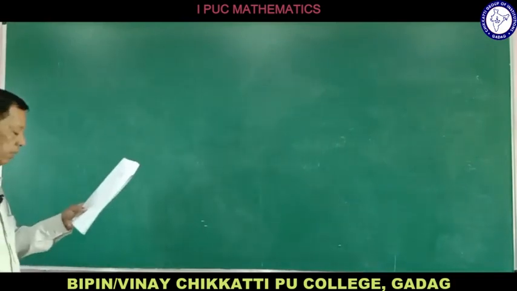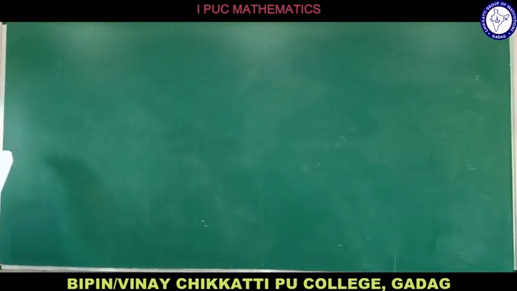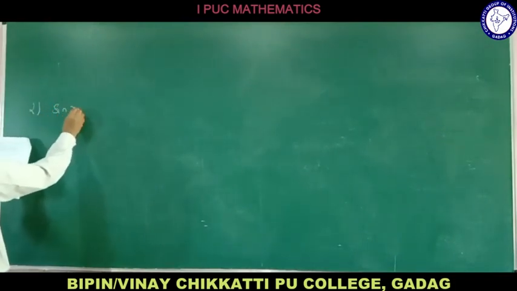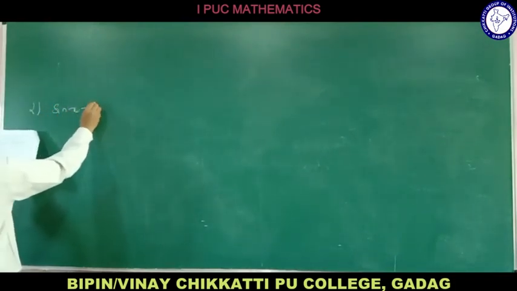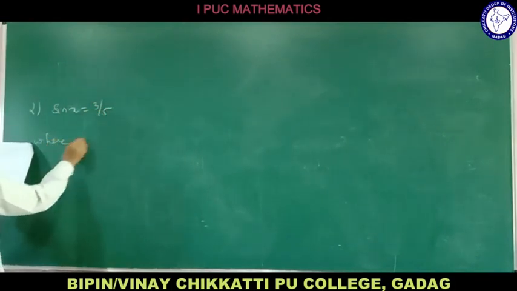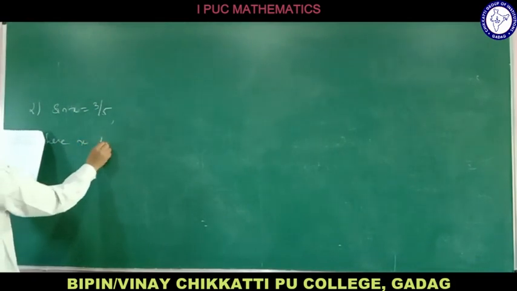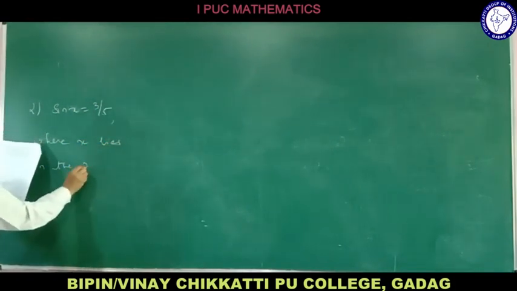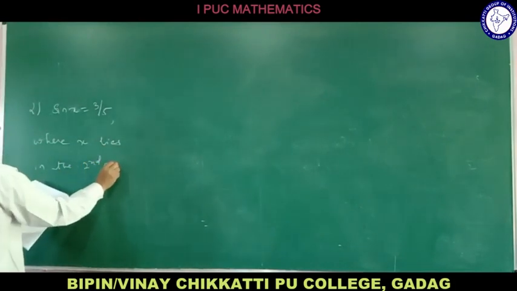So, the second problem: sin x is equal to 3 by 5, where x lies in the second quadrant.